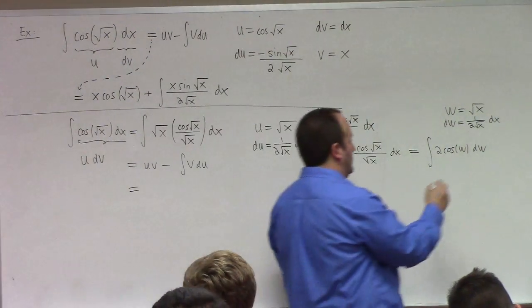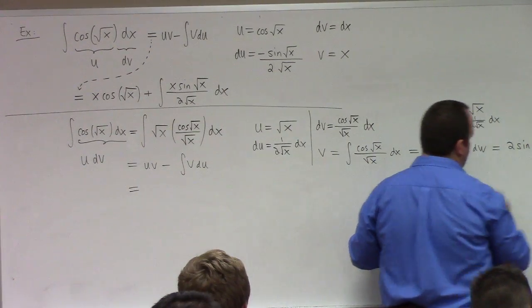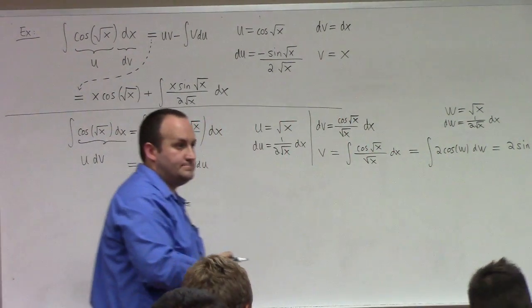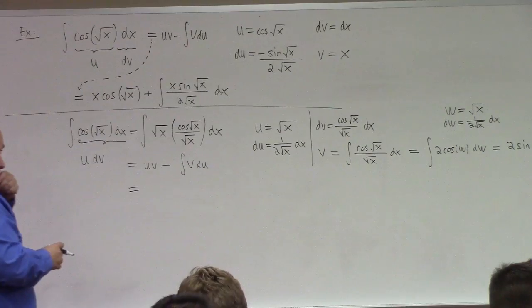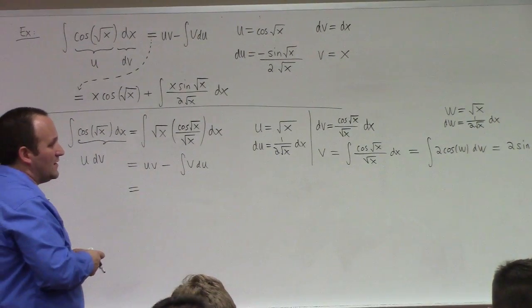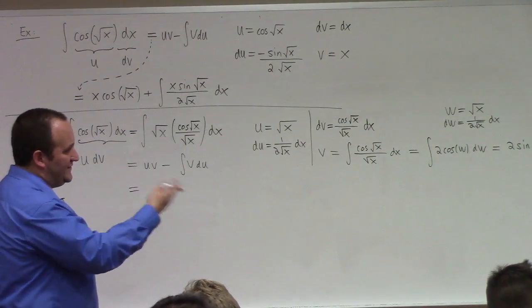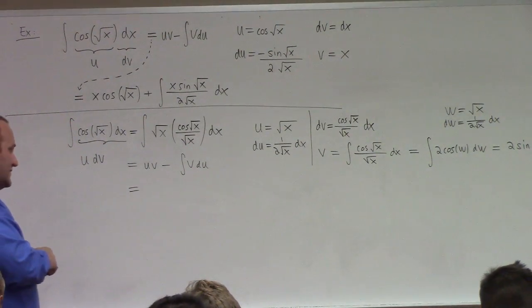And so this is really 2 sine of the square root of x. So the point is v is twice the sine of the square root of x.